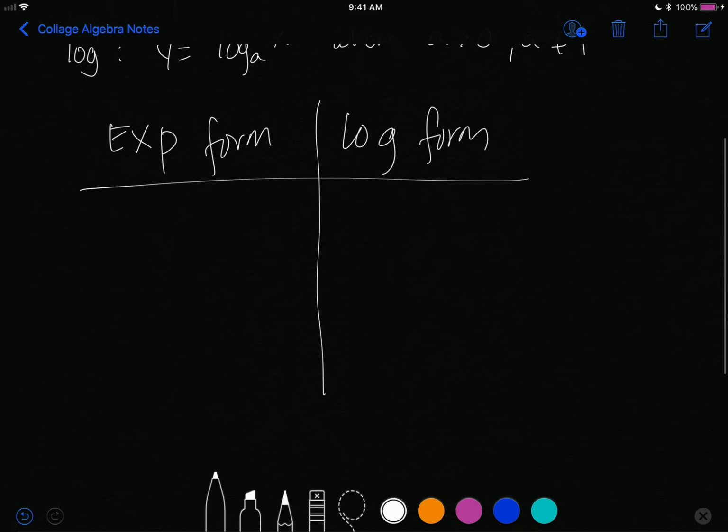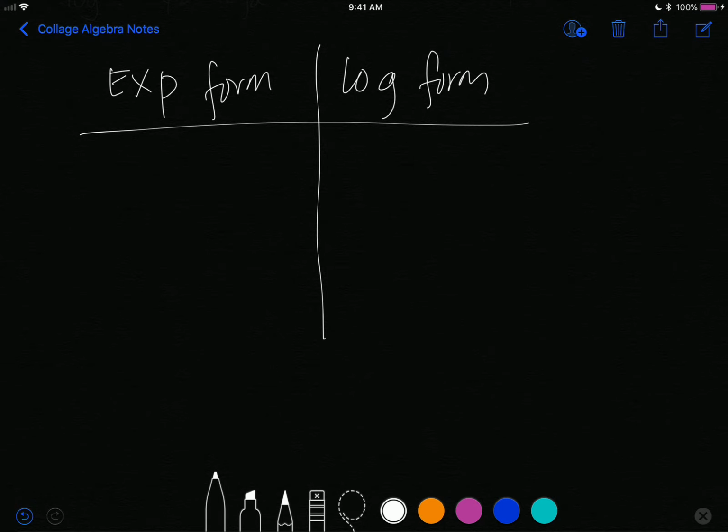Let's take a basic exponential that we know how to work with. Let's say I have 10 to the third power. Well, 10 to the third power is 10 times 10 times 10, which is 1,000. The log form of this expression starts with the base, so we write log base 10.